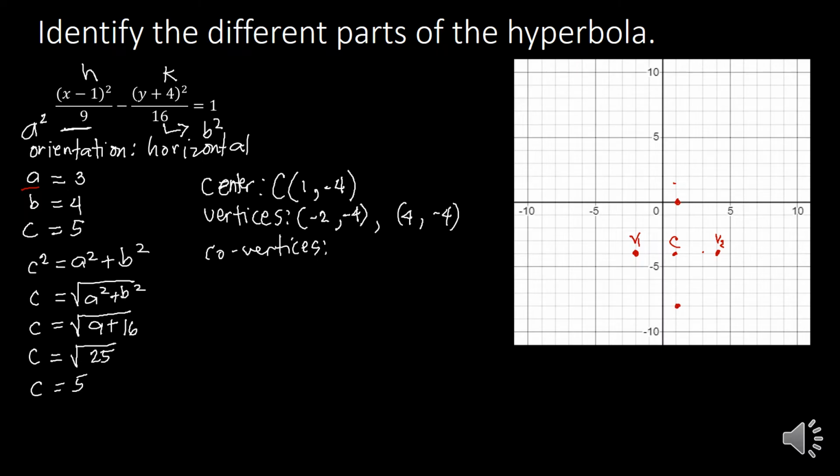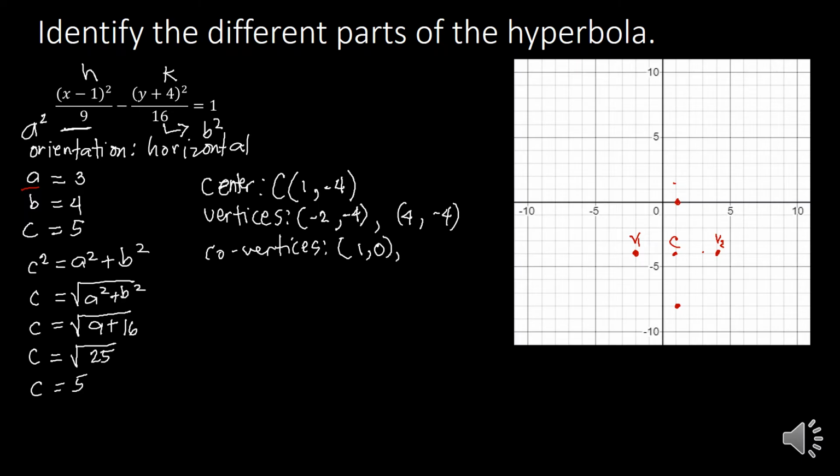Now, writing the coordinates of those covertices, we are going to start with the upper one. Regardless of where you start, it's really fine as long as you have given the correct coordinates of the covertices. So the first one from the top, we got our x value there is 1, and then our y value is 0 because it lies on the x-axis.